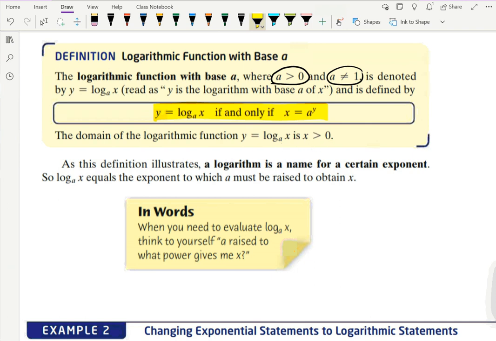Hopefully this makes sense. If a here is bigger than 0, and we're saying that a raised to some power is x, what are we allowed to choose for x?